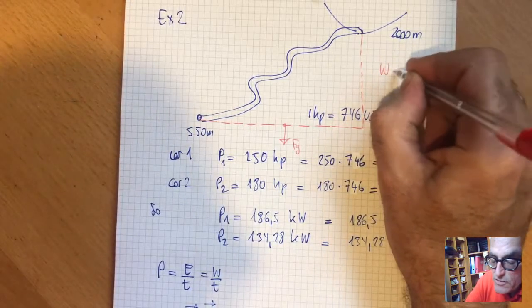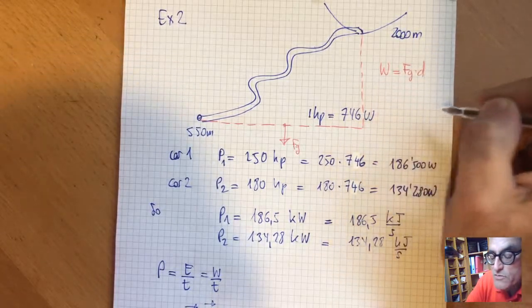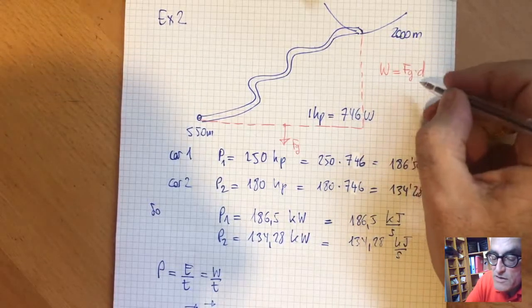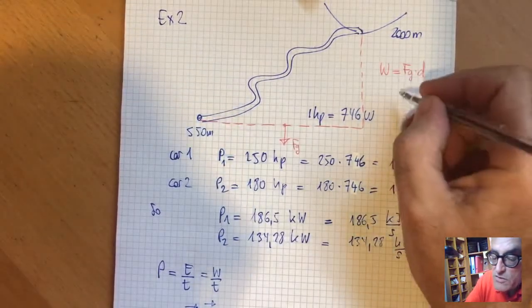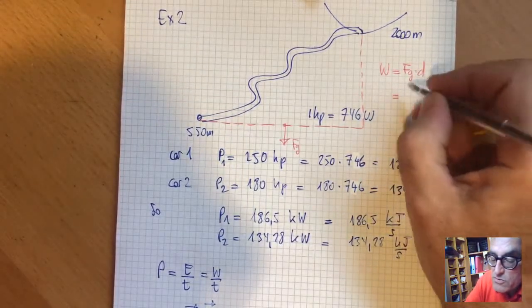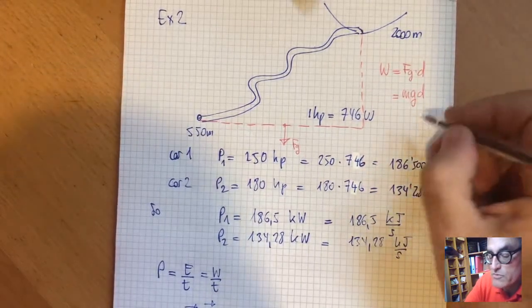So this work is going to be the gravitational force times the distance. Okay, and there is an angle of 180 degrees, so this is going to be mg times the vertical distance.